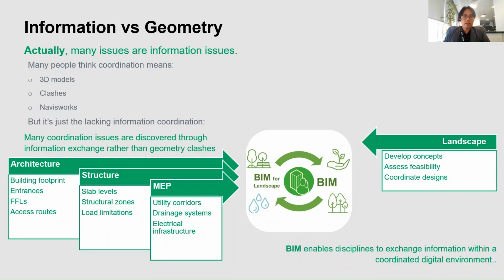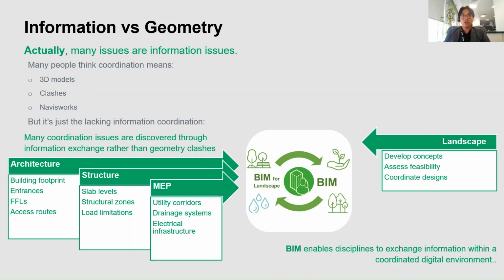That information from structure, from a very early design stage and even without any 3D model, can already expose the coordination problem between the soil depth requirement in landscape and the available space from the structure. Many other kinds of information can also be discovered through information exchange, and every discipline has a lot of information to share to the BIM environment platform.